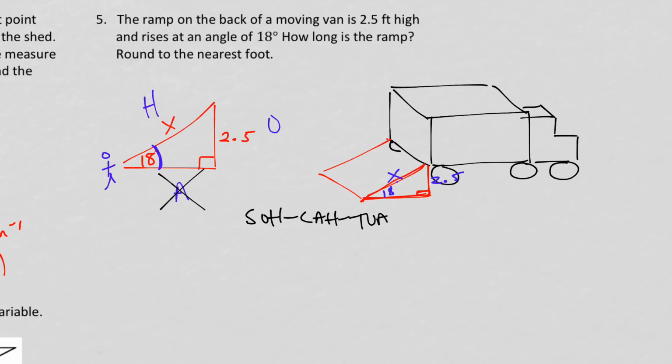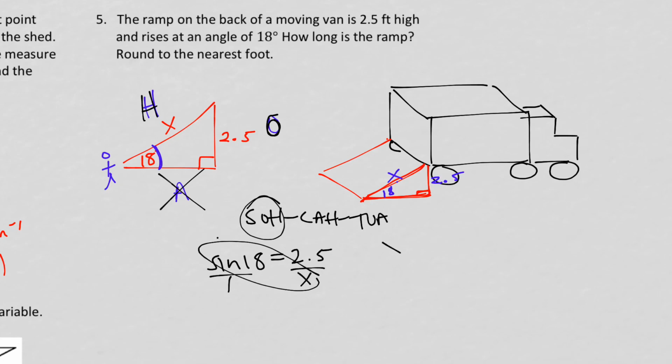So the opposite and hypotenuse, that is going to be sine. So I can say sine of 18 degrees equals opposite over hypotenuse. And here, this is a proportion, so I can use cross product. So I get x sine of 18 equals 1 times 2.5 is 2.5.